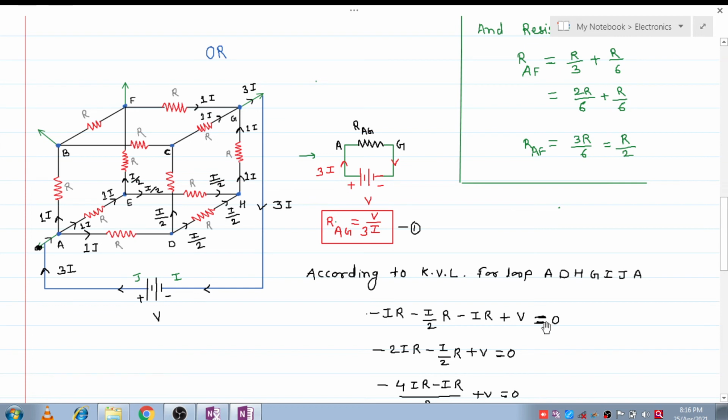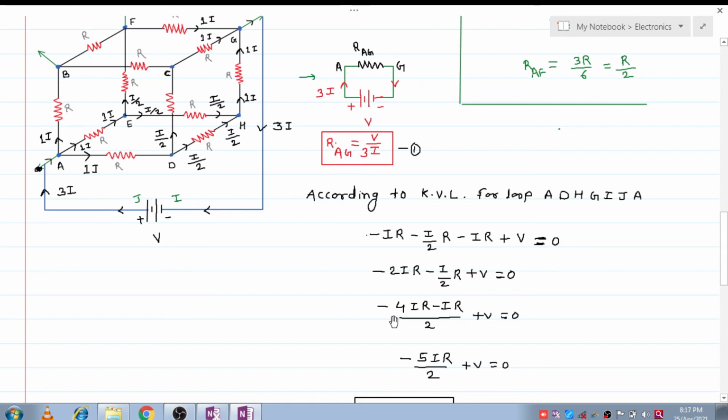So we have IR minus IR, that is minus 2IR, minus IR divided by 2, plus V is equal to 0.